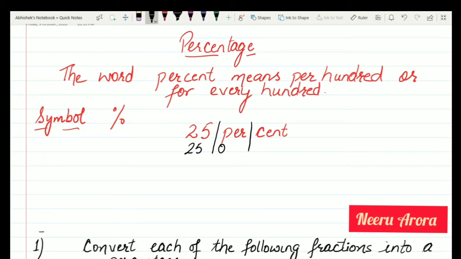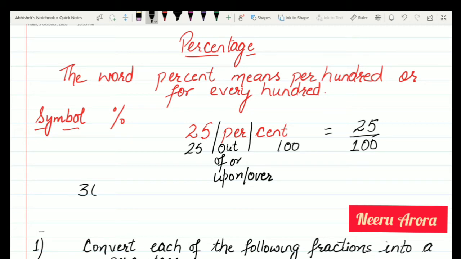Per means out of, or you can say upon, over. Cent means 100. So 25% means 25 out of 100. 25% is equal to 25 out of 100 or 25 upon 100.